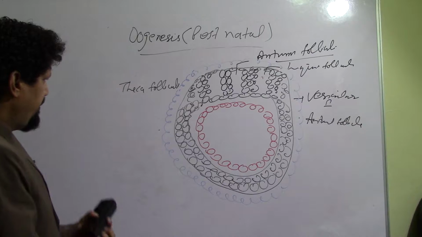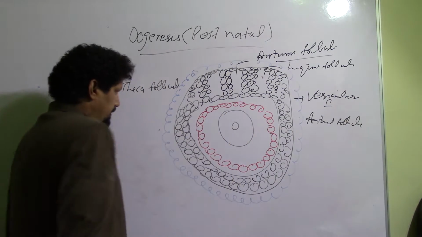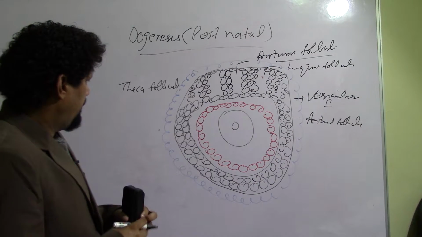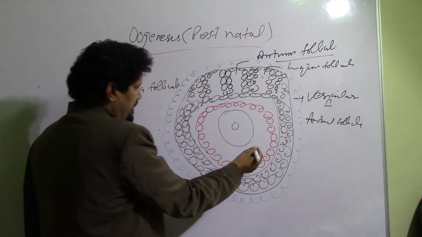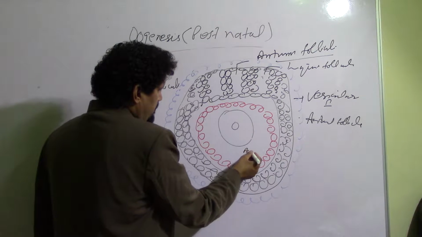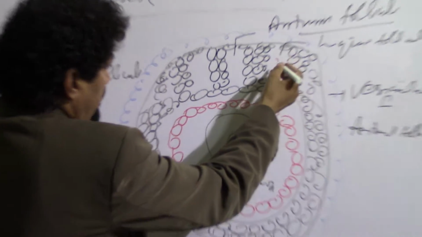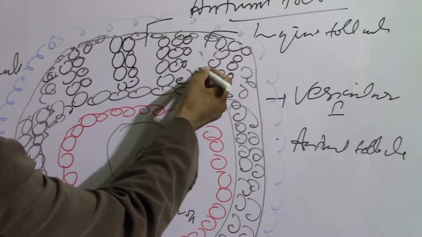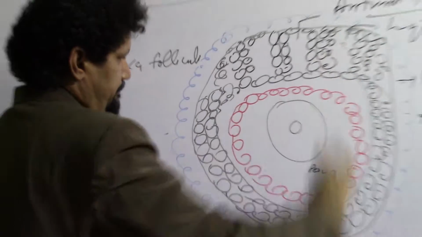So at this stage, here is primary oocyte frozen in diplotene prophase first, vitelline membrane, perivitelline space, zona pellucida, antrum folliculi, liquor folliculi, granulosa cells, and theca folliculi.